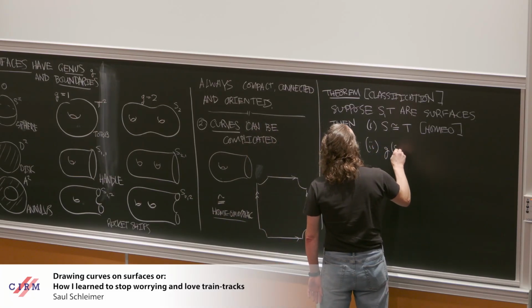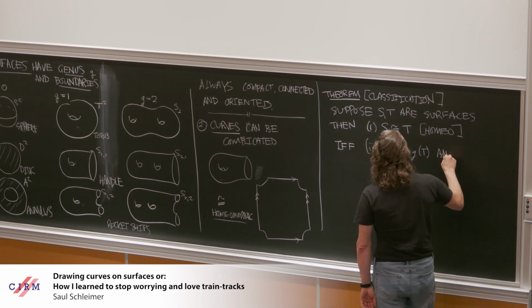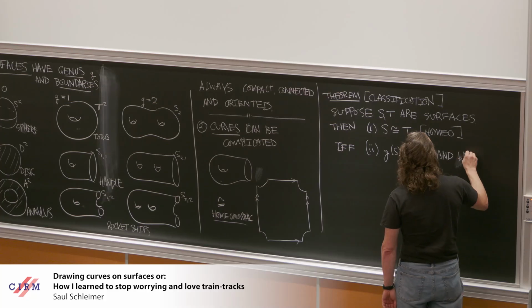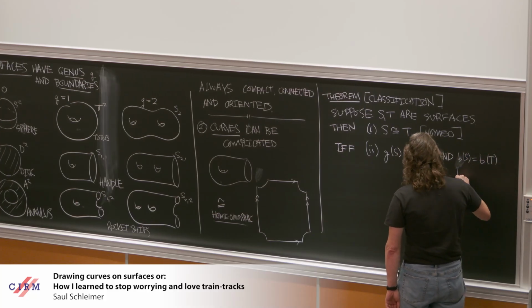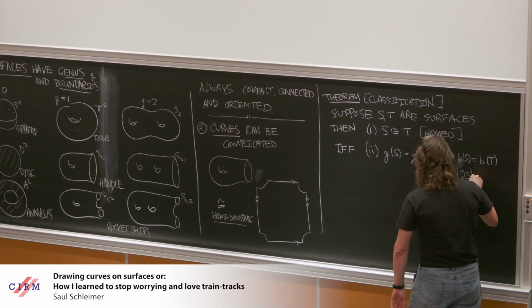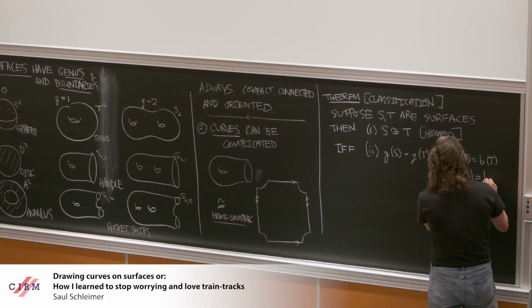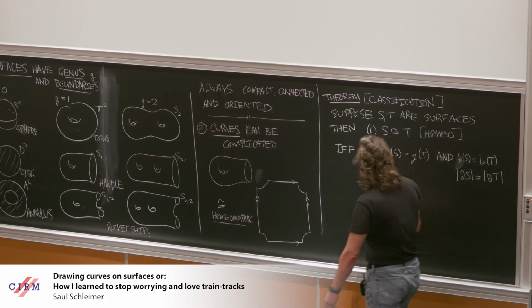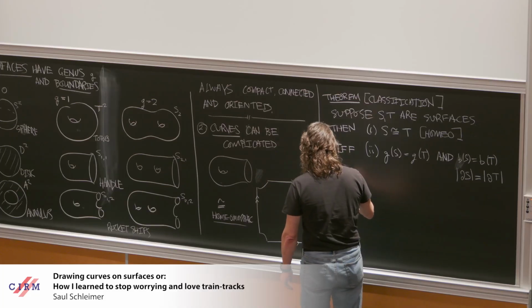The genus of S equals the genus of T, and the number of boundary components of S equals the number of boundary components of T. And another way that people often write this is by writing the magnitude of the set of boundary components of S equals the magnitude of the set of boundary components of T. So this leads to an exercise, which I've now shown you the answer to.